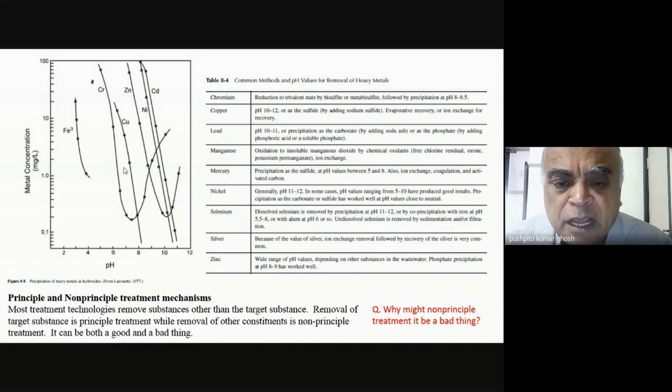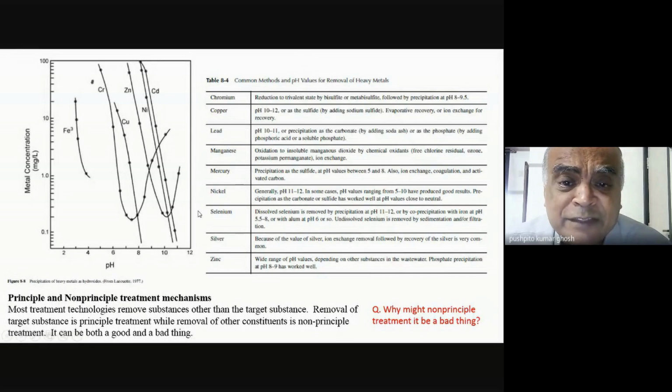They might say, I wanted the chromium, but I don't want it with zinc and copper and everything. So principal method could be a nice method where you are actually intending to sell whatever byproduct you get out of this treatment. And non-principal would be things which you did not target or actually wanted to avoid, but those also came out.